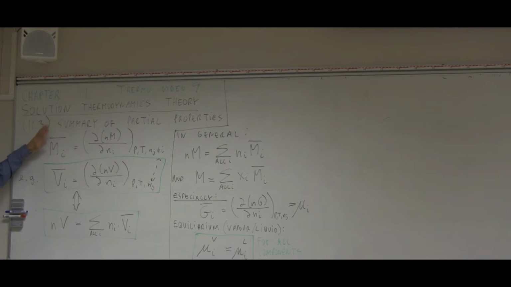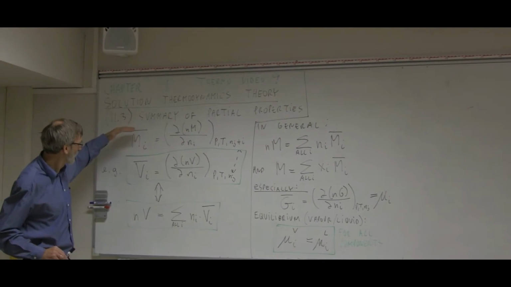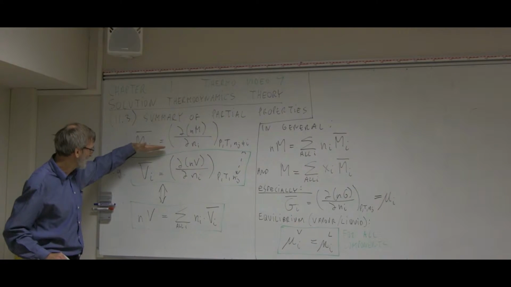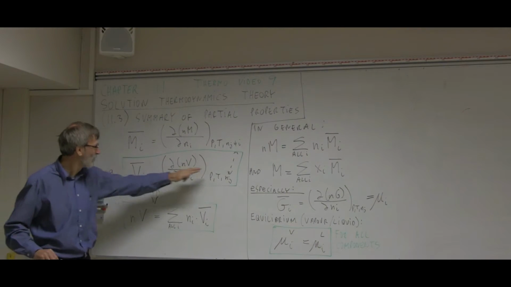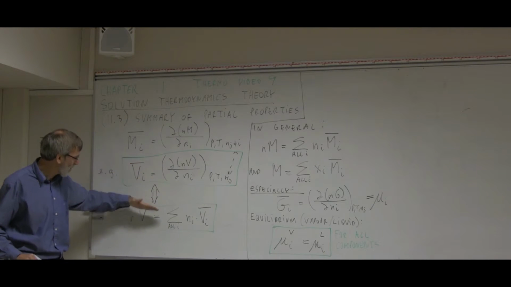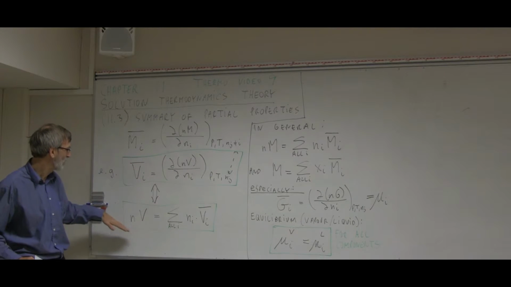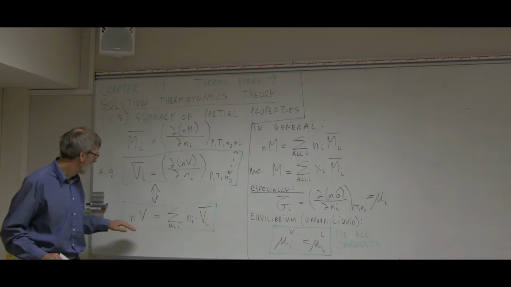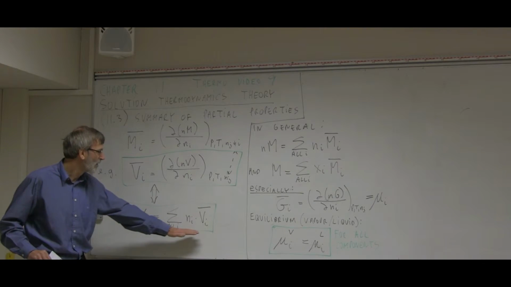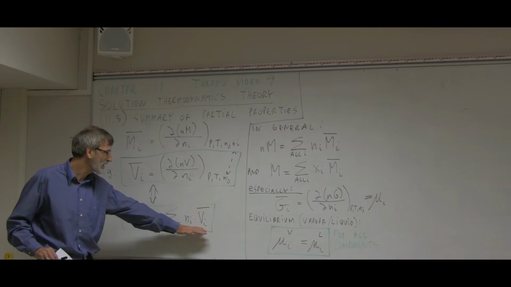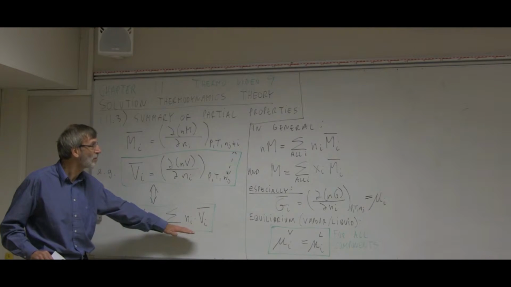So this is the definition equation for the special case of volume. This is for volume, and this is equivalent with the total property as the sum of the partial properties times the amount of each component.